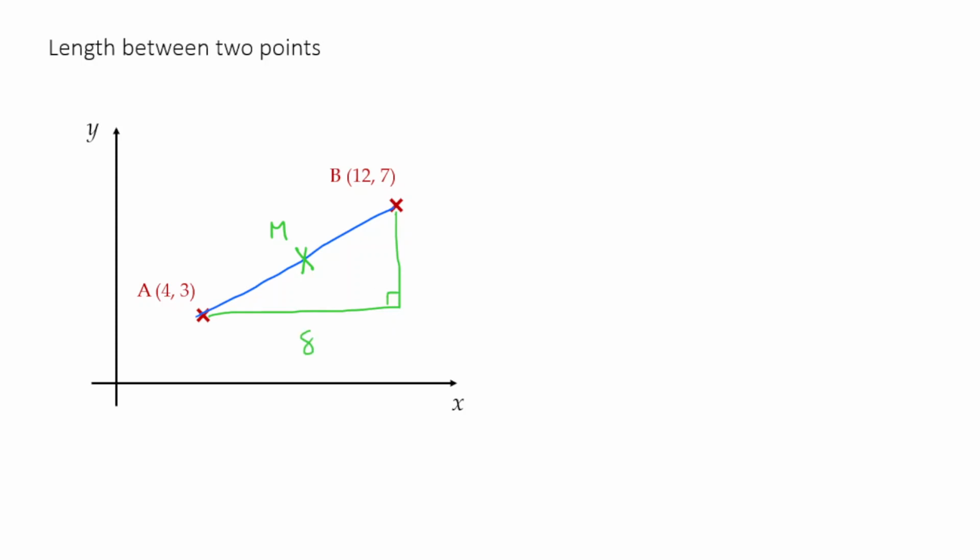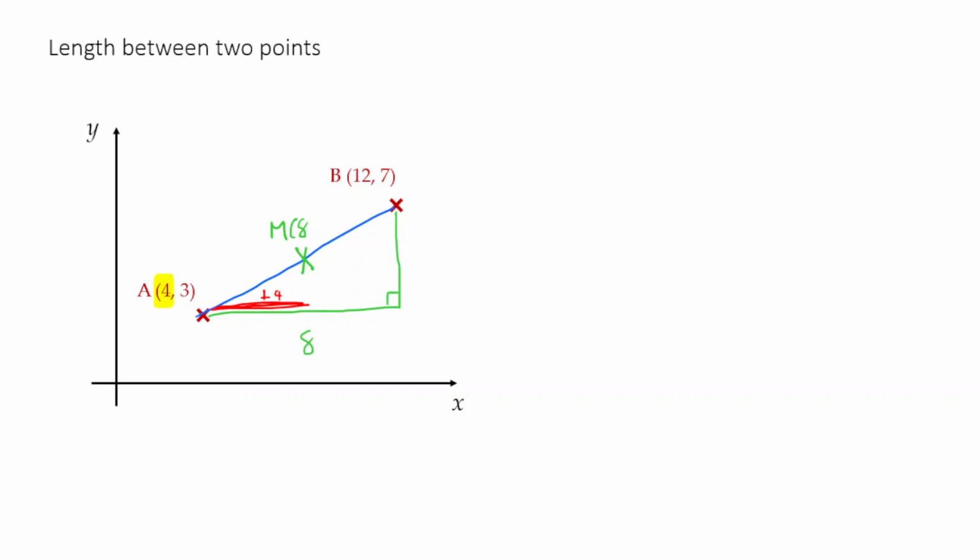Well, then the x-coordinate of the midpoint must be exactly halfway along that distance. So if I start at the x-coordinate of A, which is 4, and I travel along a distance of half of 8, which is also 4, then I'm going to get the value 8. So 4 plus 4 is equal to 8.